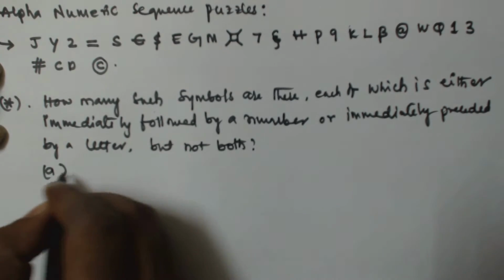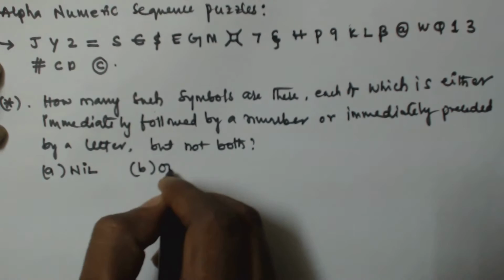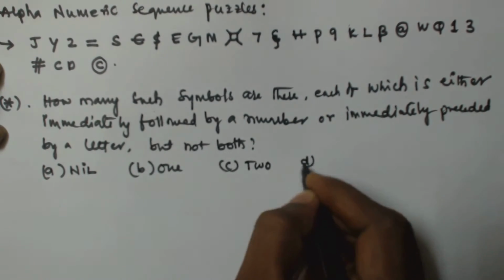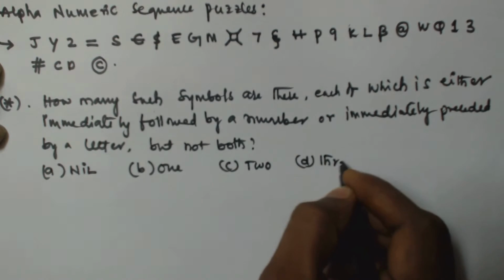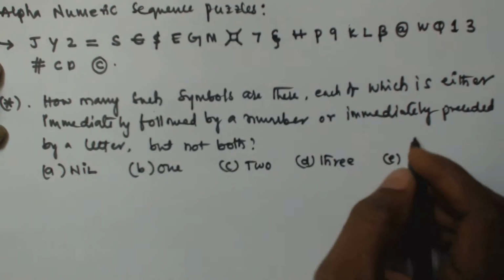So option A is nil, option B is 1, option C is 2, option D is 3, and option E is none of these.